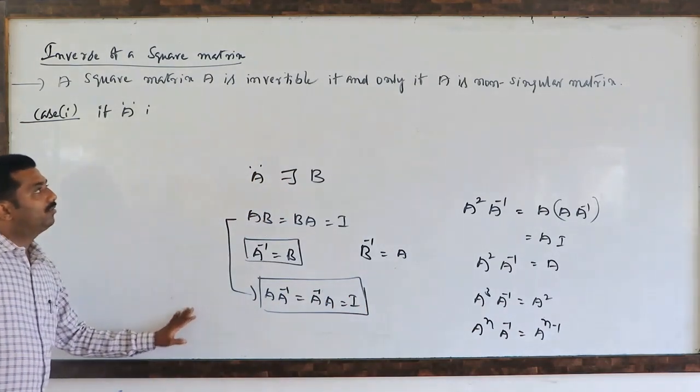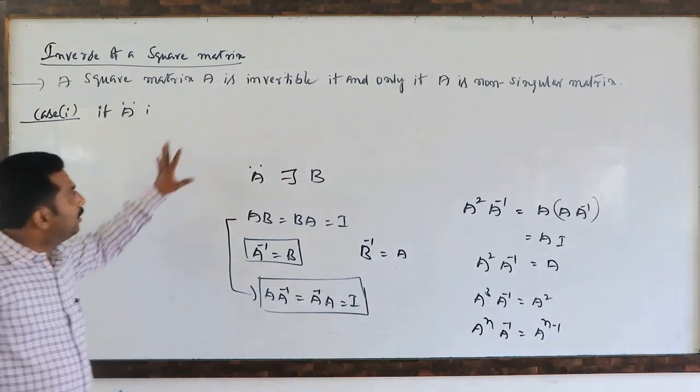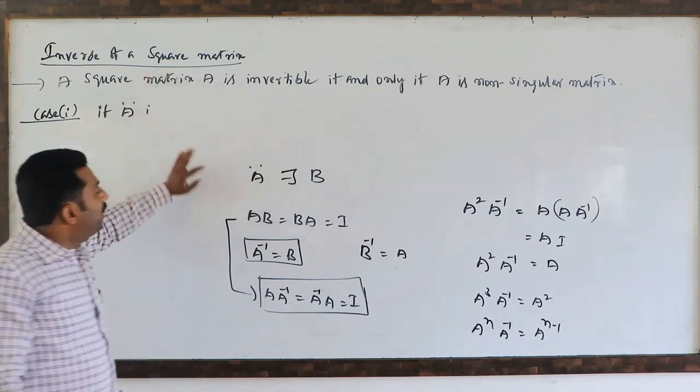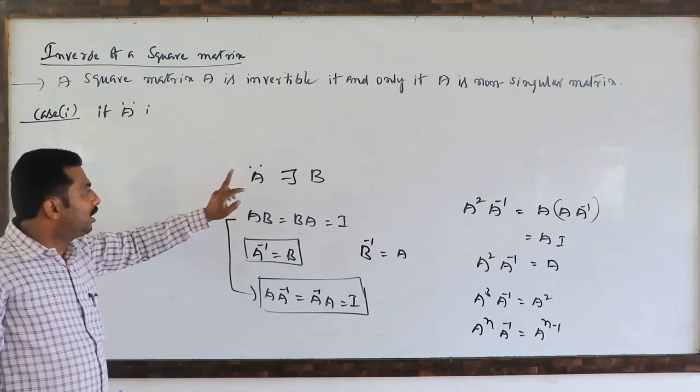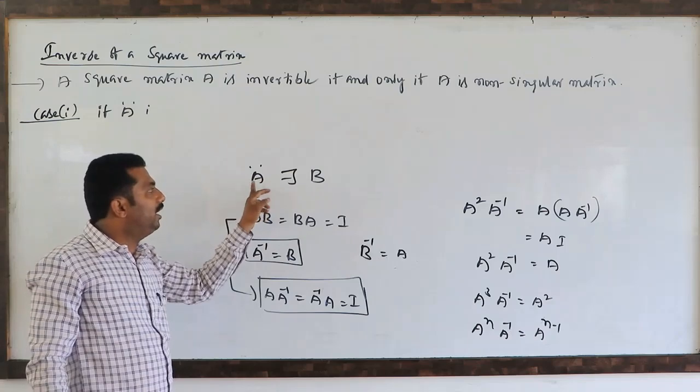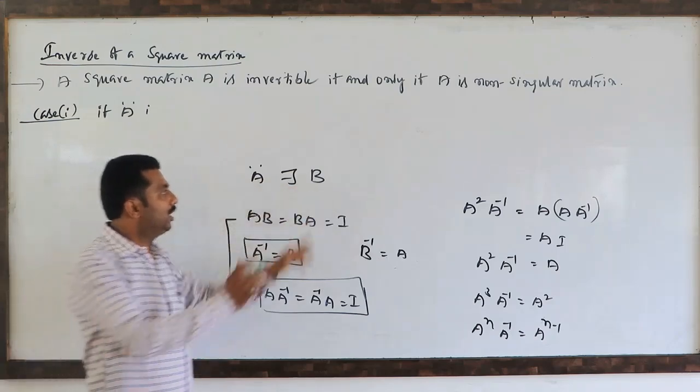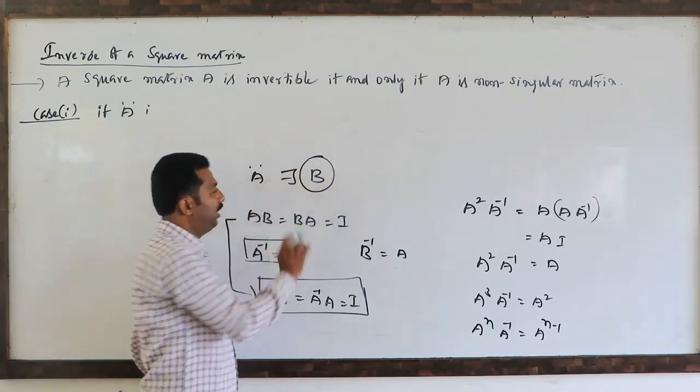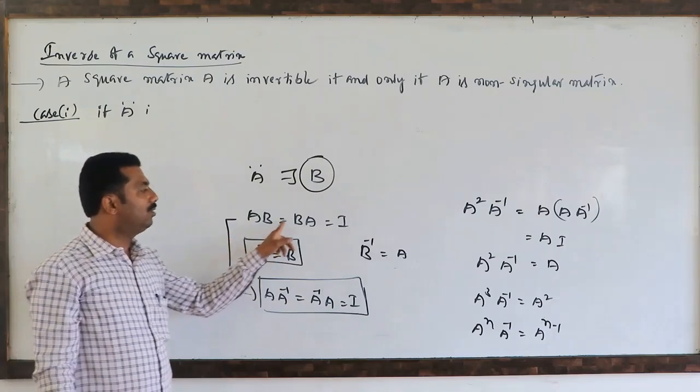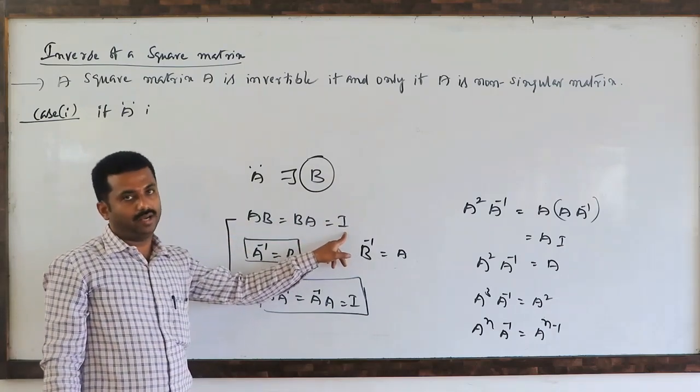So whenever you are defining the inverse of a square matrix, a square matrix capital A is said to be invertible if there exists another square matrix B such that AB equal to BA equal to identity matrix.